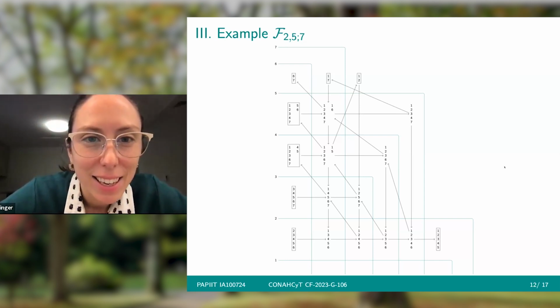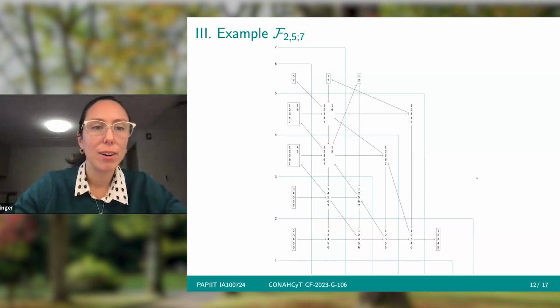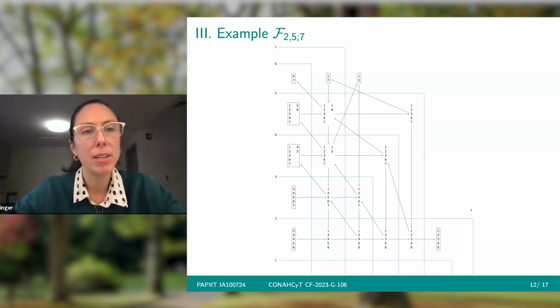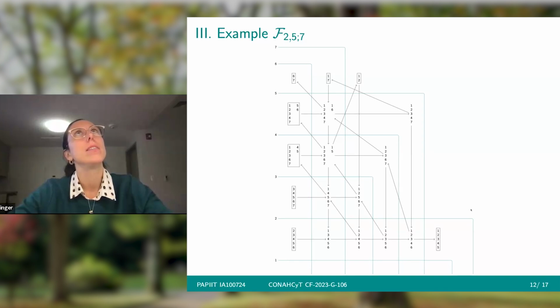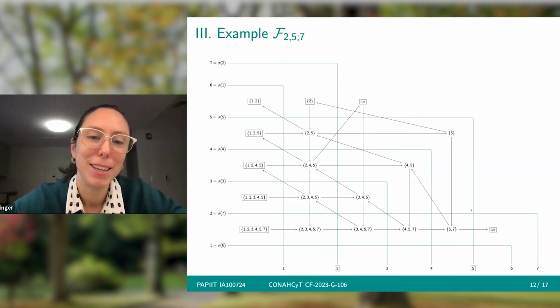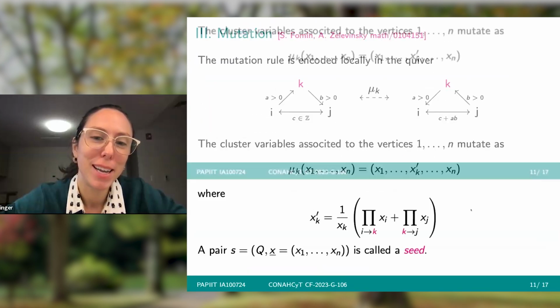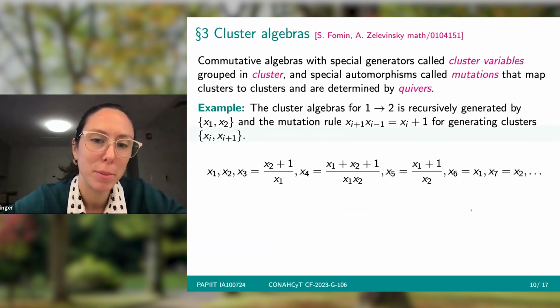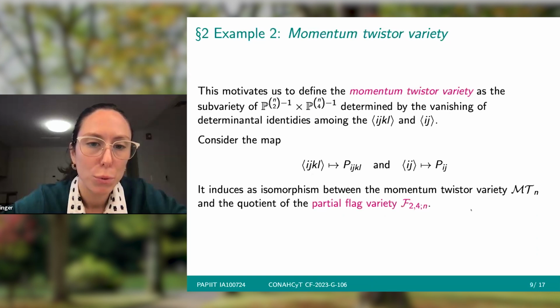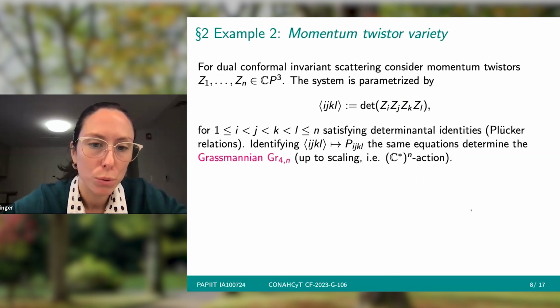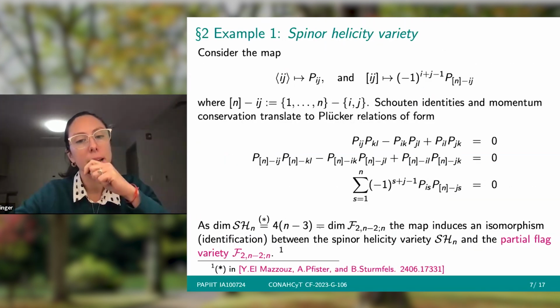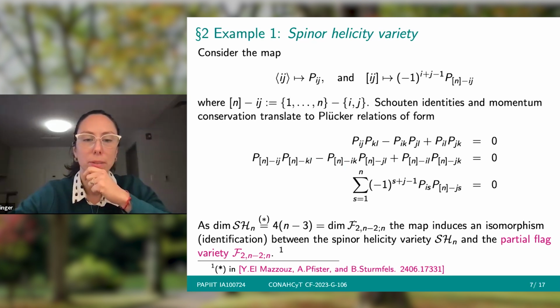How many variables? Oh, the dimension, I think in this case, I have the formula here, right? Let me just go back. Here, 4 times n minus 3 plus 2.